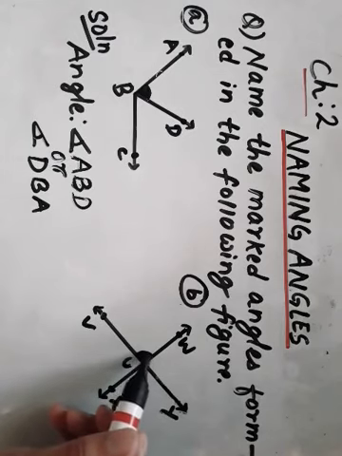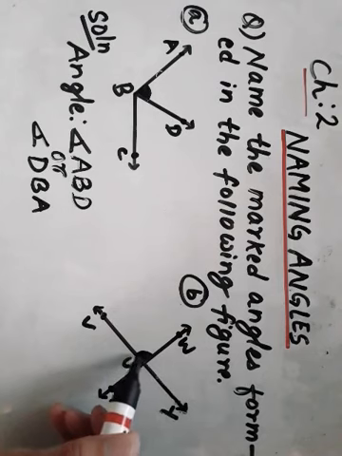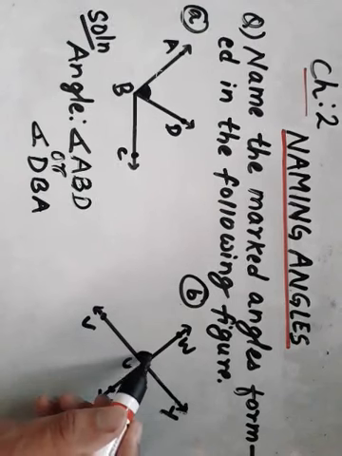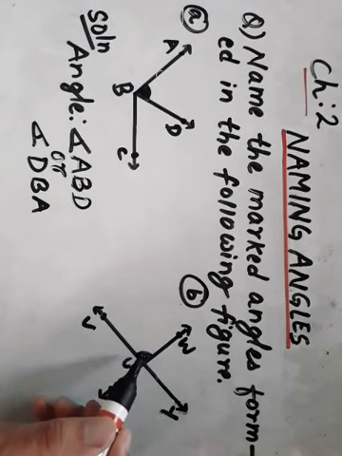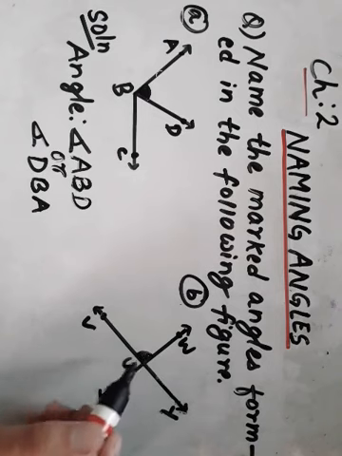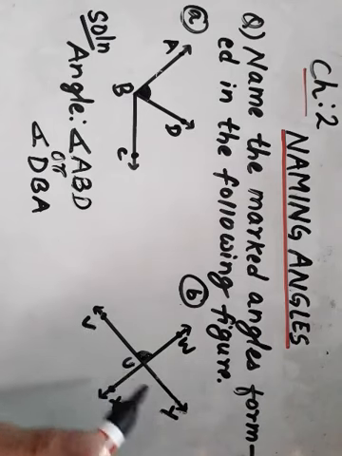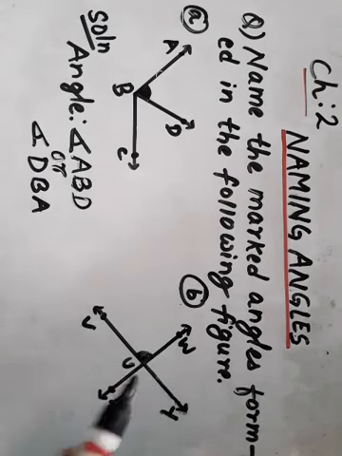Before naming this angle, first of all you must know which two arms have made this angle. As you can see clearly, the marked angle is this, and this angle has been formed with the help of arm VU and arm WU.